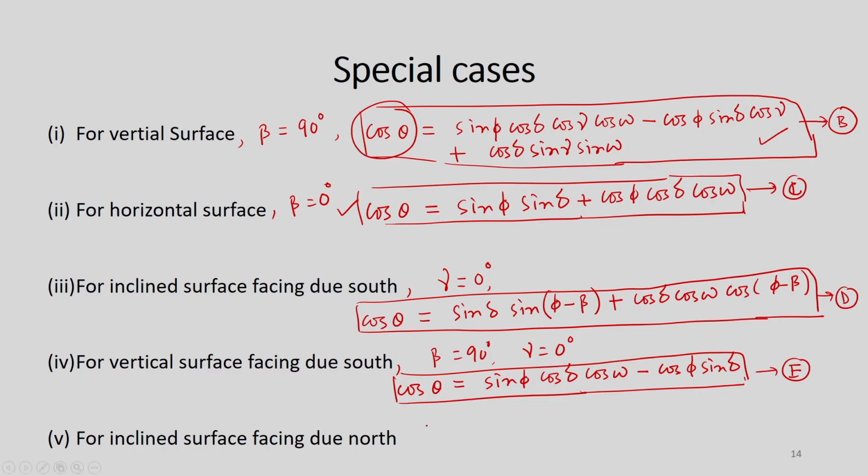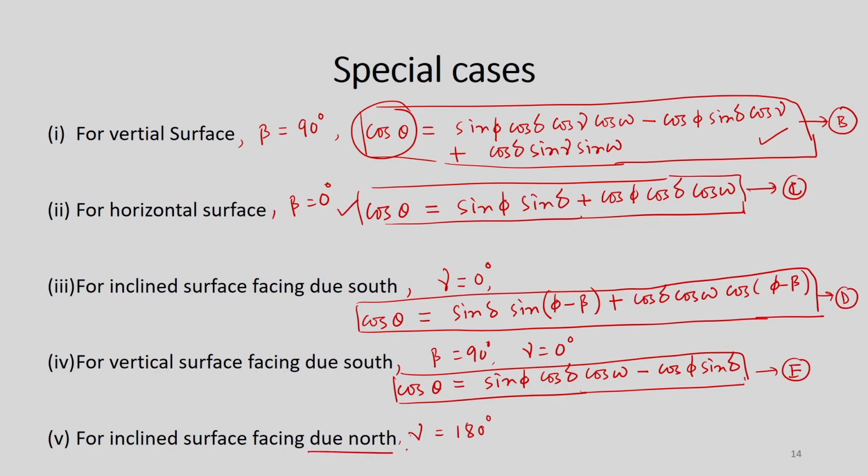So, in the last case, there are many more cases, but as per my formulation, for an inclined surface facing due north, here gamma is 180 degree. Okay.